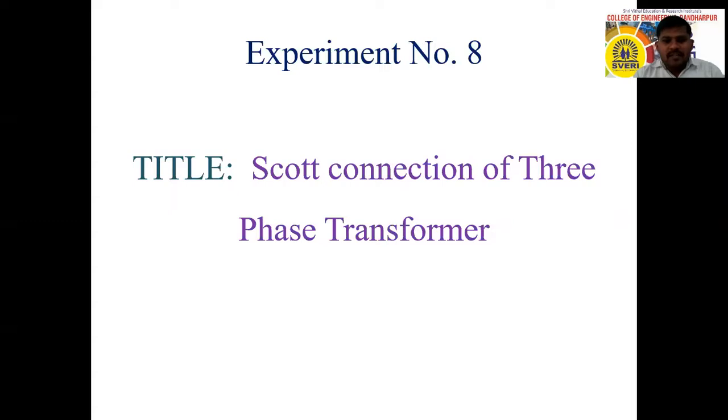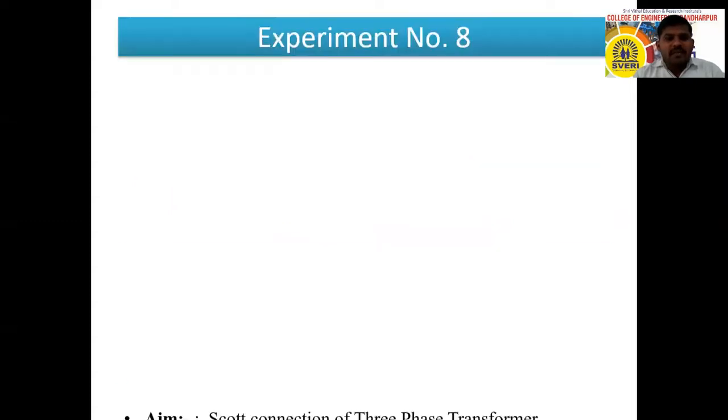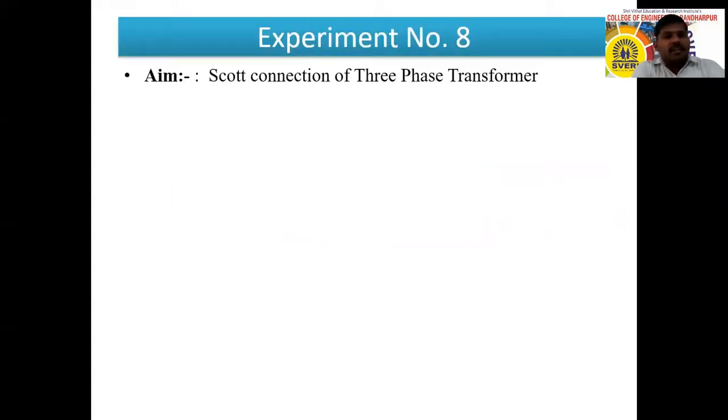The aim of this experiment is the Scott connection of three-phase transformer. First of all, what is meant by Scott connection? It is called a three-phase to two-phase conversion, or two-phase to three-phase conversion, that means vice versa.